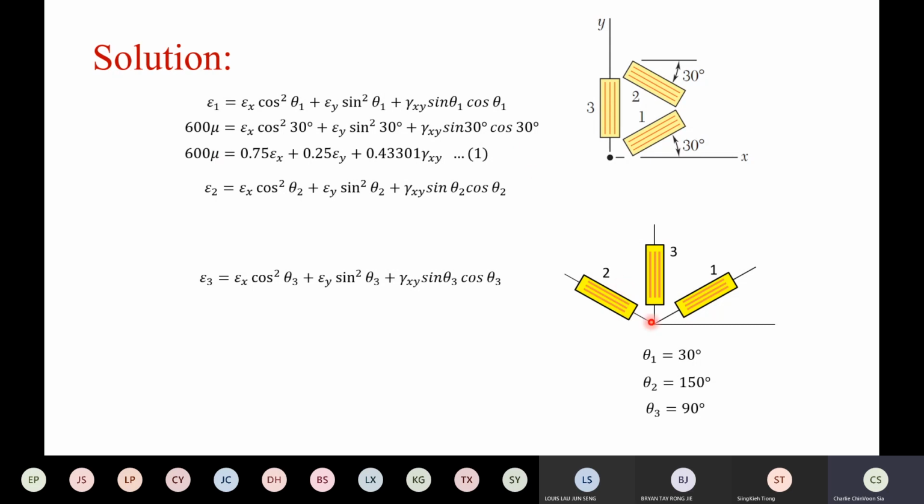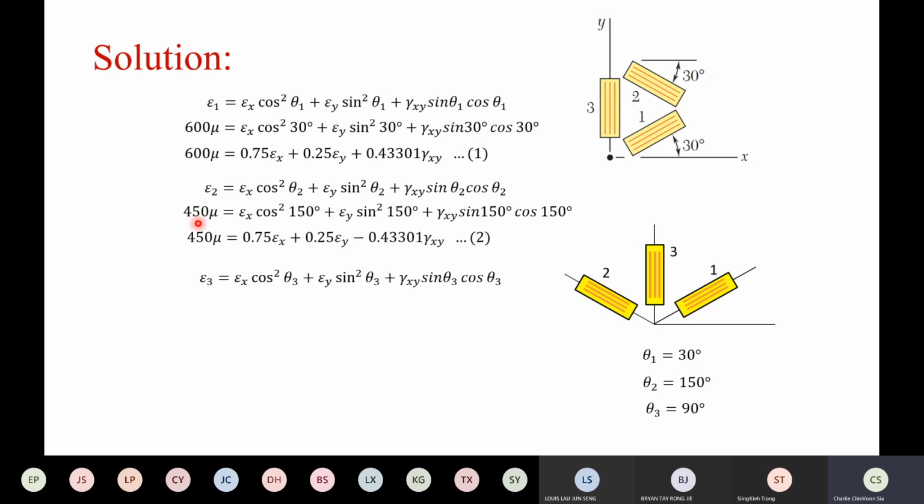Same thing for the second strain gauge. We substitute the measured given value for strain 2, 450, and the angle 150 into theta 2, then simplify. So you have a second equation, and for the third one you do the same thing to get the third equation.